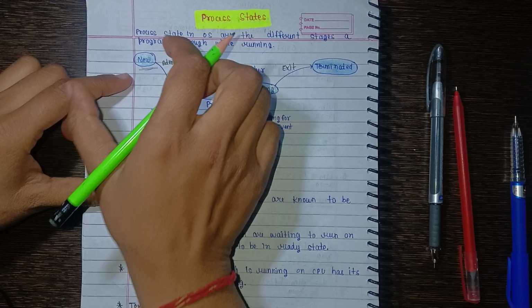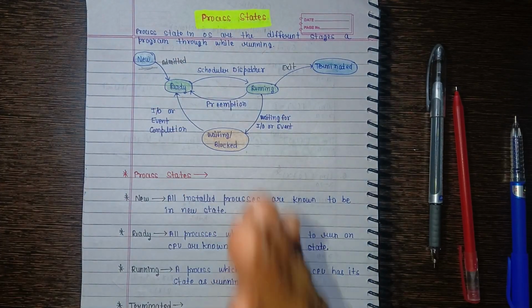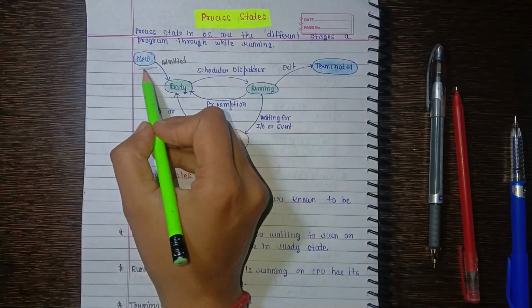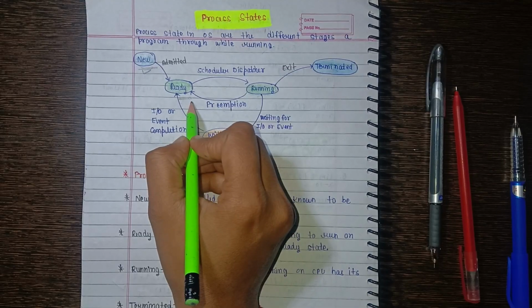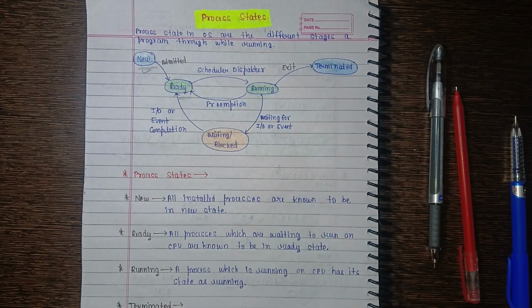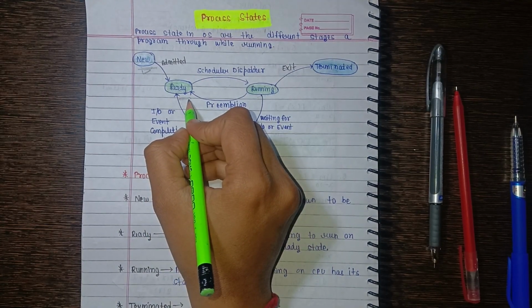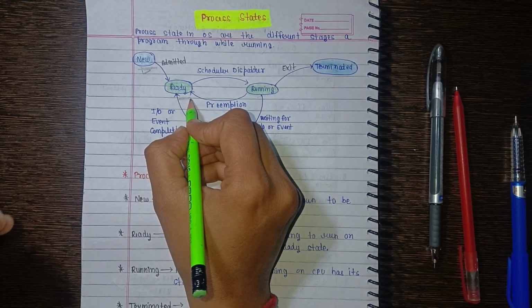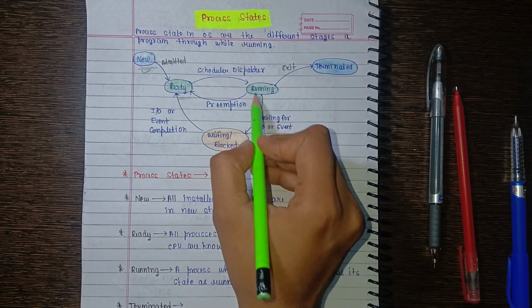Means in our phone all the unused apps, just installed apps, come in new state. Okay, in ready state, means all the applications and apps are ready, but they are waiting for the CPU.